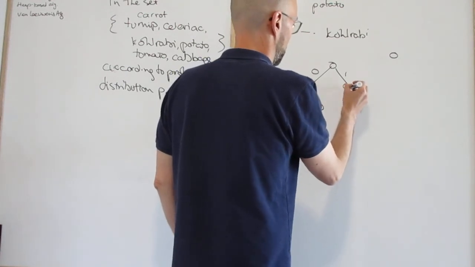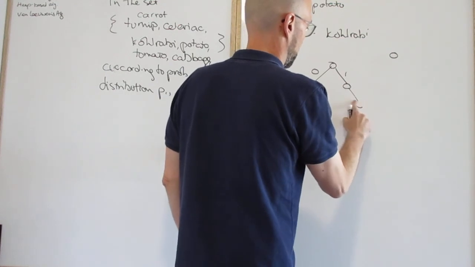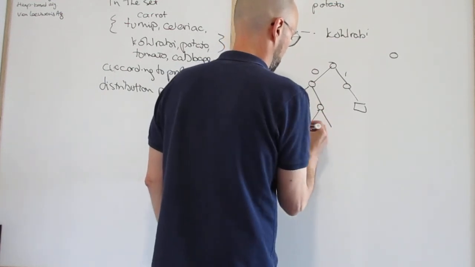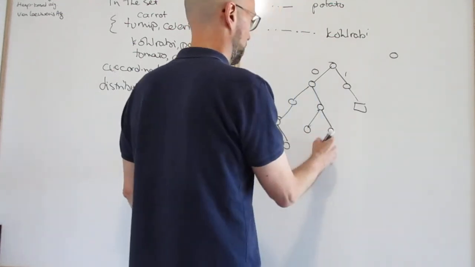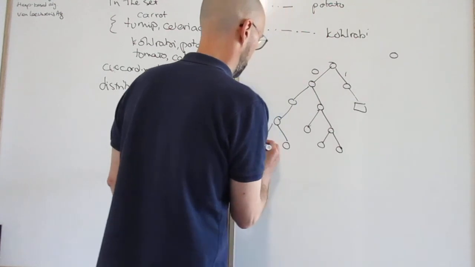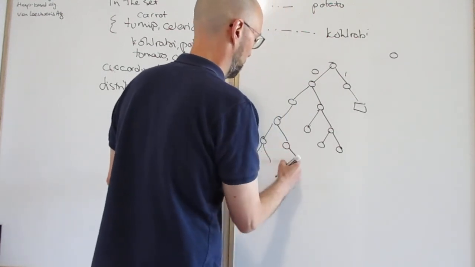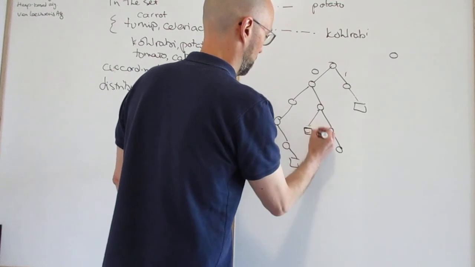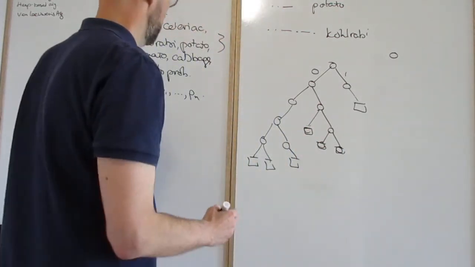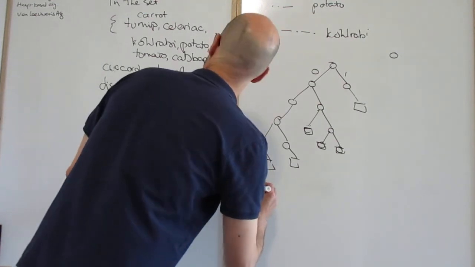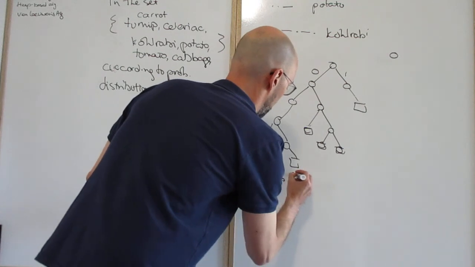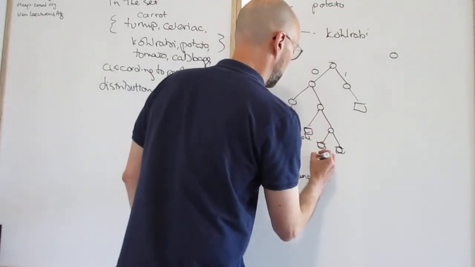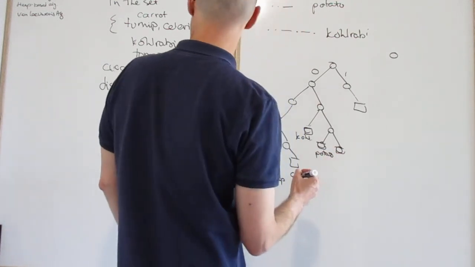Okay, so let's suppose this is carrot, turnip, celery, kohlrabi, potato, tomato, and cabbage.